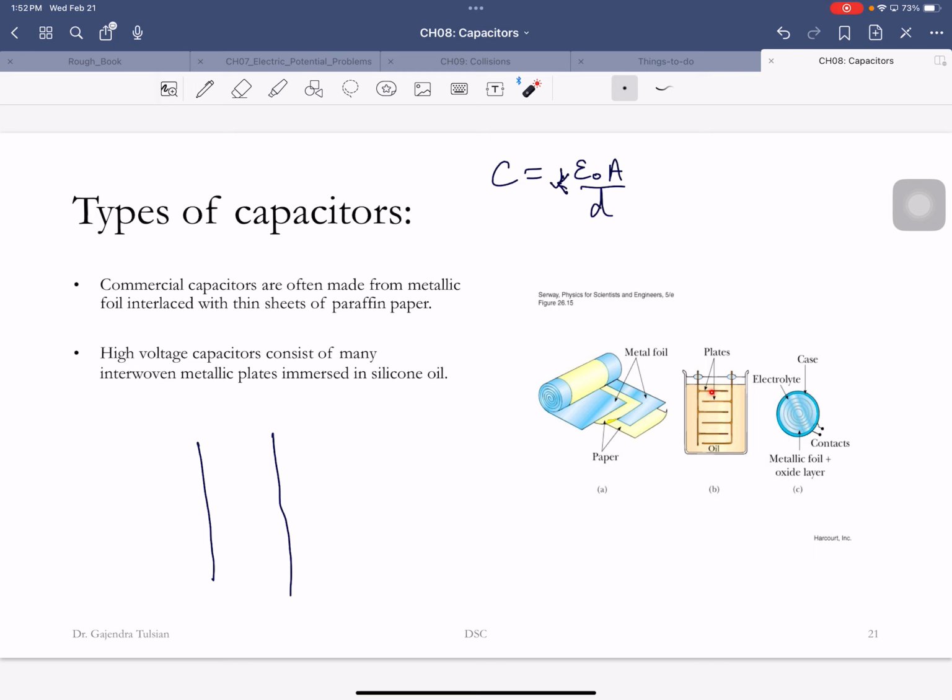Here's metal, and the dielectric is some kind of oil. High voltage capacitors consist of many interwoven metallic plates immersed in silicon oil. So this configuration can be charged to a high voltage. Commercial capacitors are often made from metallic foil interlaced with thin sheets of paraffin paper.